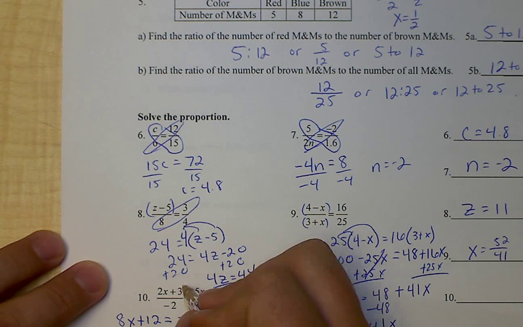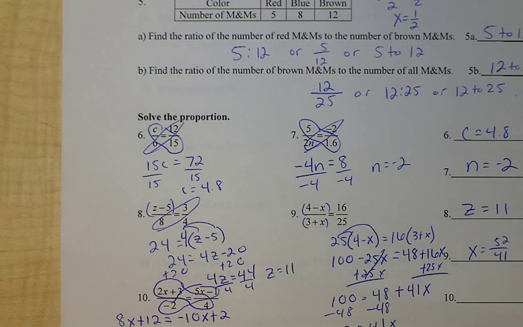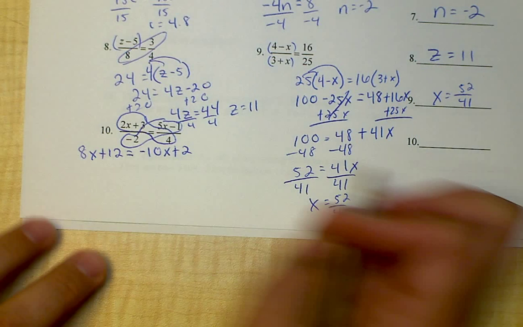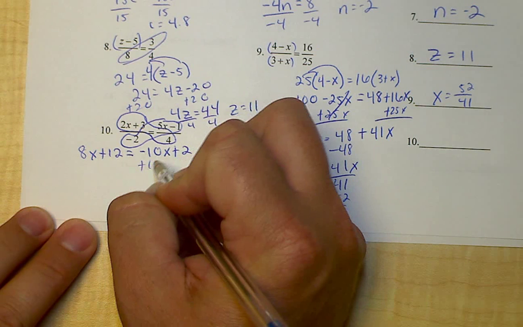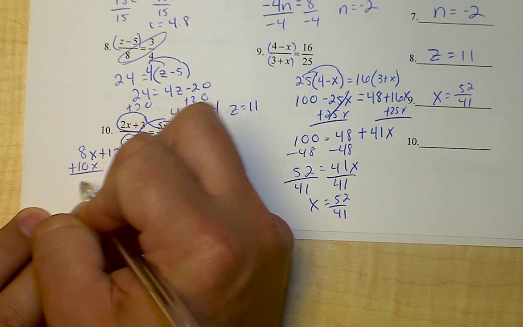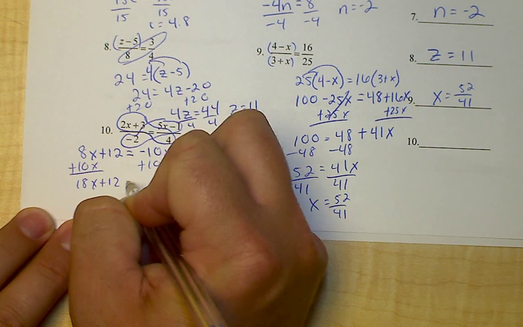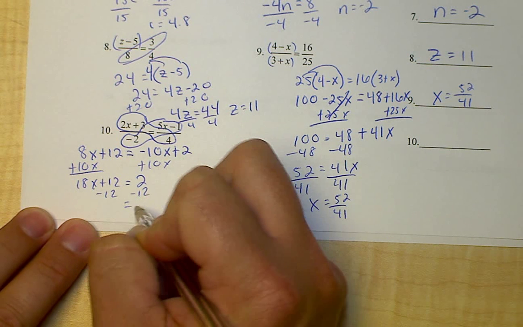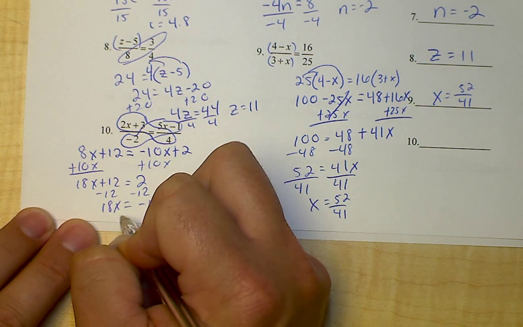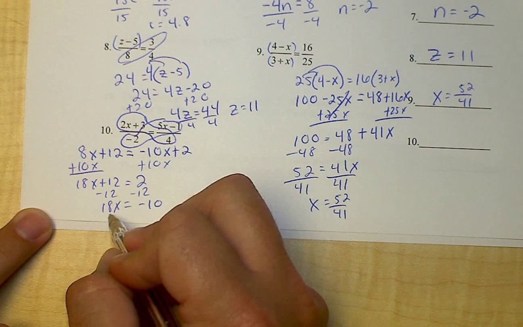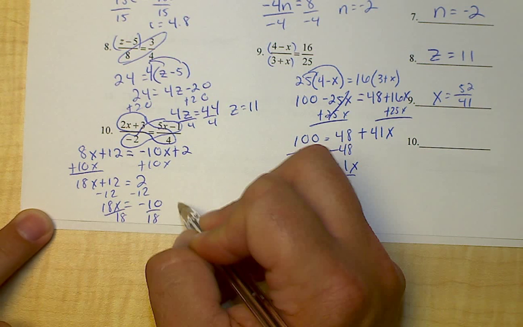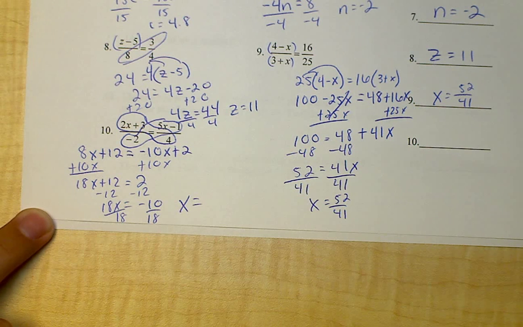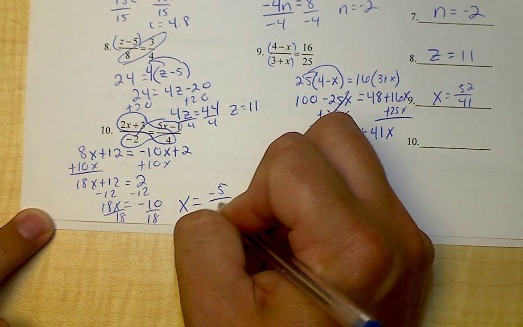Alright, I just cross multiplied and distributed it all in one step. And then I'm going to add 10x to both sides. Then I'm going to subtract 12 from both sides. And then divide by 18. So x equals negative 5/9.